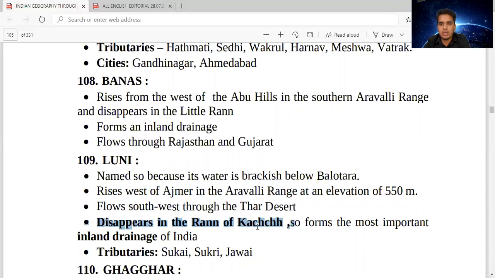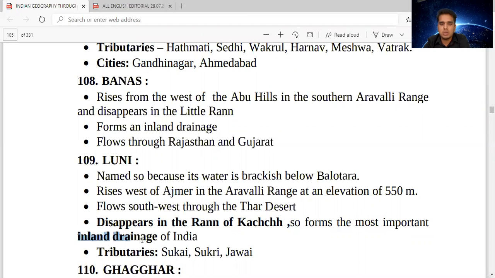Kachchh is the real spelling of Kutch. Never go by the spelling on Google, because Google is also wrong in the spelling of Kutch. The real spelling of Rann of Kutch is R-A-N-N.